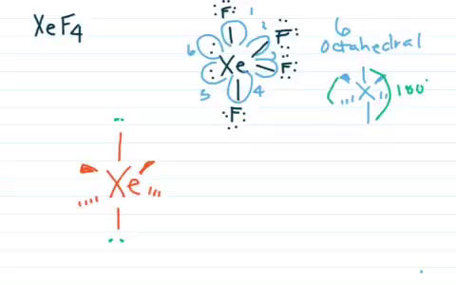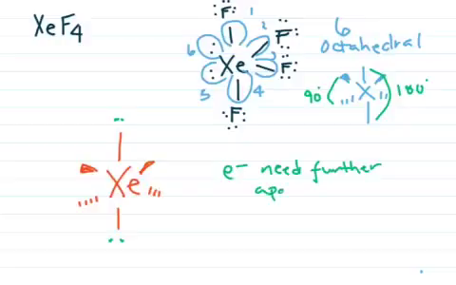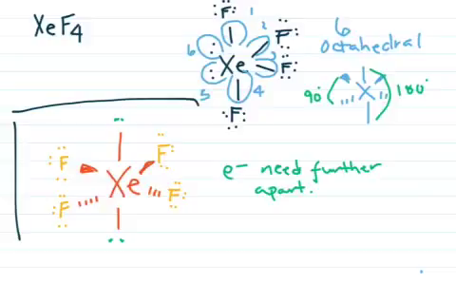If you remember, these angles right here are only 90 degrees. So again, electrons need to be further apart. Whichever has the biggest angle, that's where you're going to go for. Now let's add in the fluorines. And this is our figure for xenon tetrafluoride in its VSEPR form.